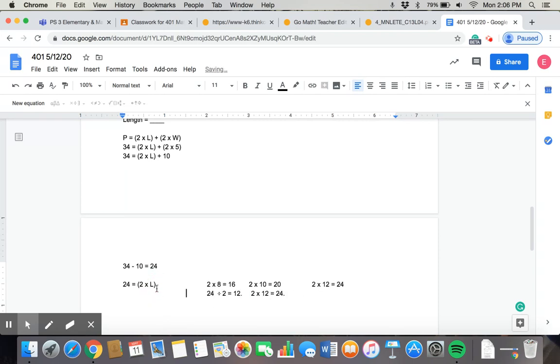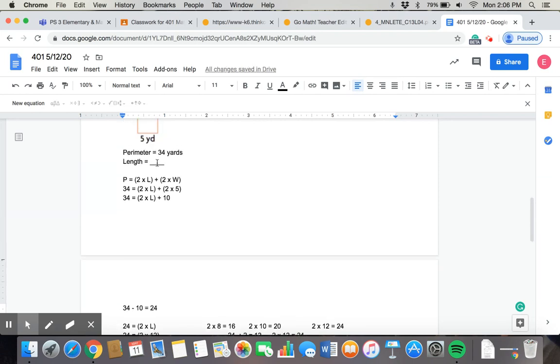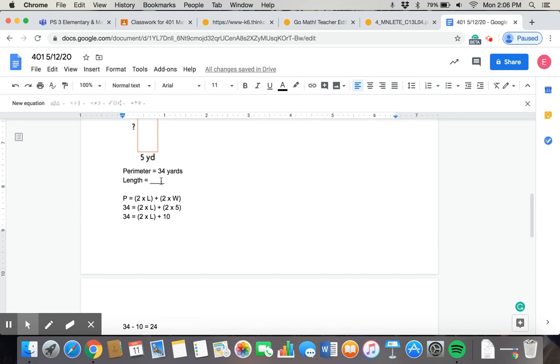So if I were to change it to 24 equals 2 times 12, I would see that I would get 24 equals 24. So I know that my length is going to equal 12 yards.